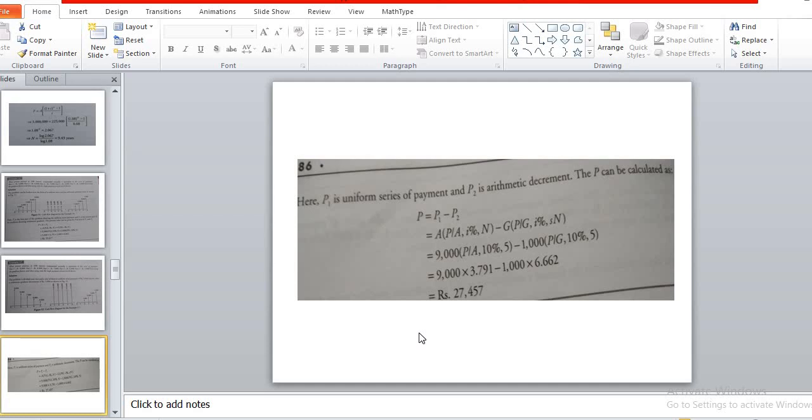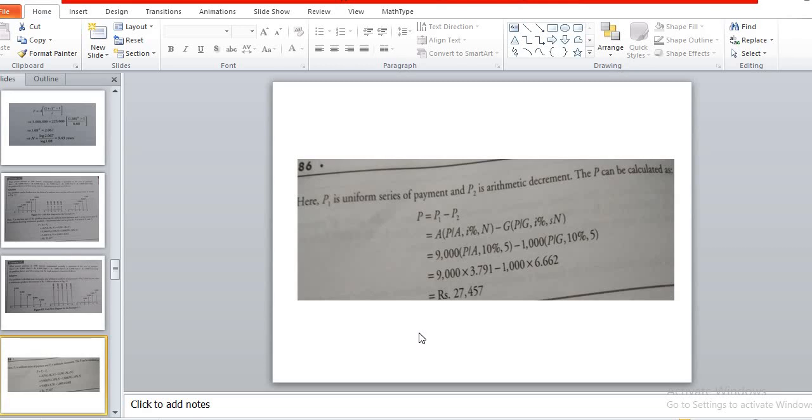First we discussed the arithmetic gradient. In this arithmetic gradient, at the end of each year there is some increment, and that increment we consider as an arithmetic gradient.